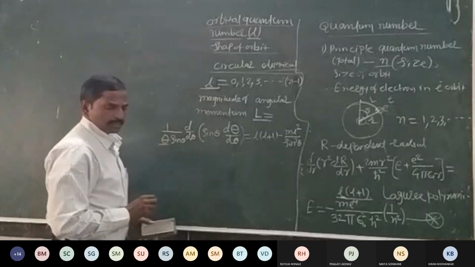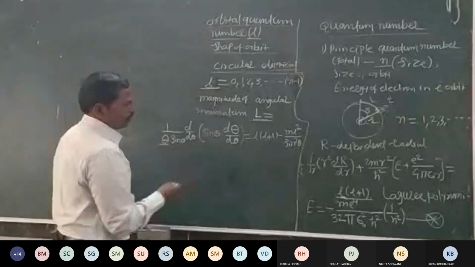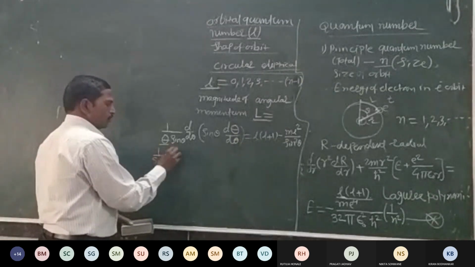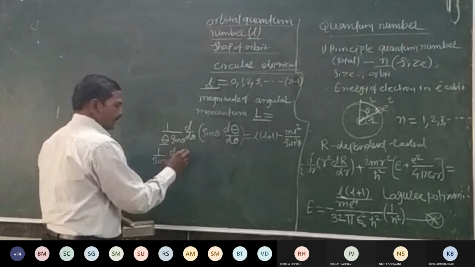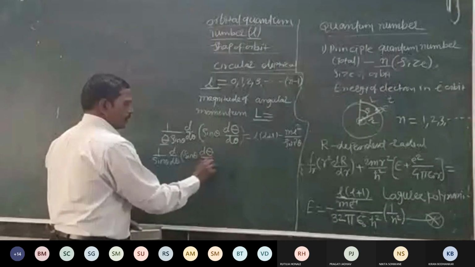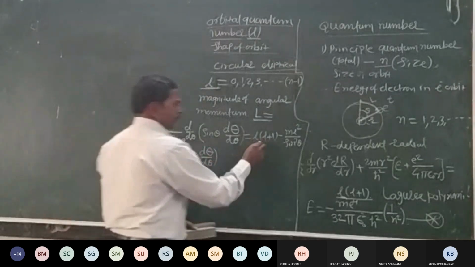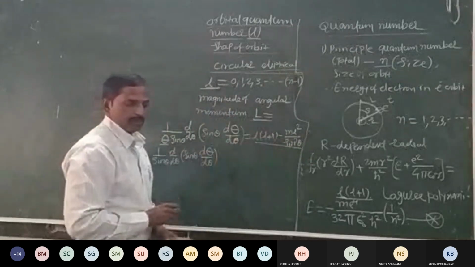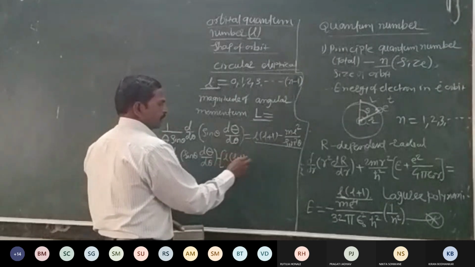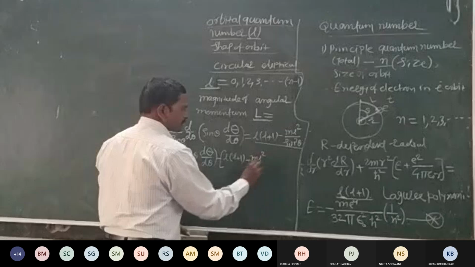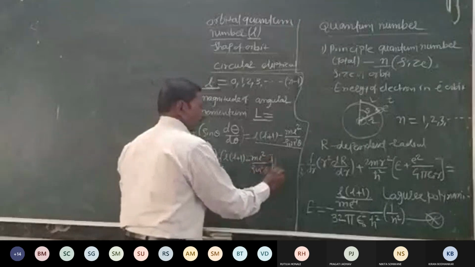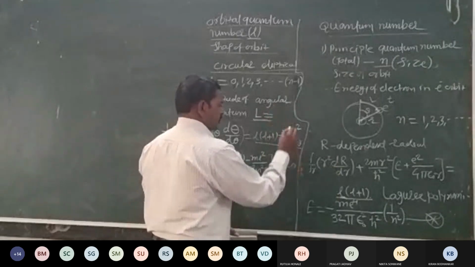By shifting this theta to that side, we get 1 upon sin theta into d by d theta into sin theta d theta upon d theta, and if I take it directly here, it becomes minus of L into L plus 1 minus ml square upon sin square theta into capital theta is equal to 0.